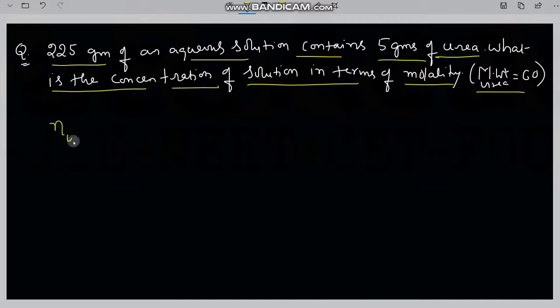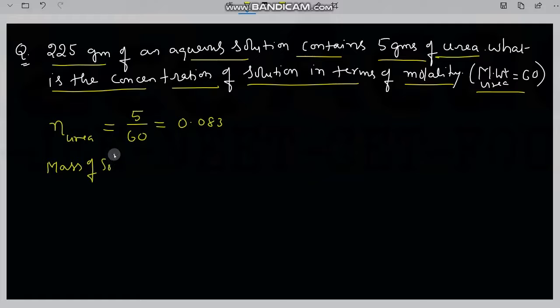We will find the number of moles of urea, as the mass of urea is available and its molar mass is 60. So 5 by 60, upon simplification, the value came 0.083. Now we must know the mass of solvent also in this question.